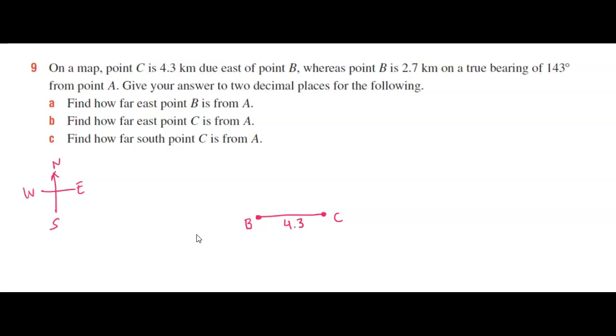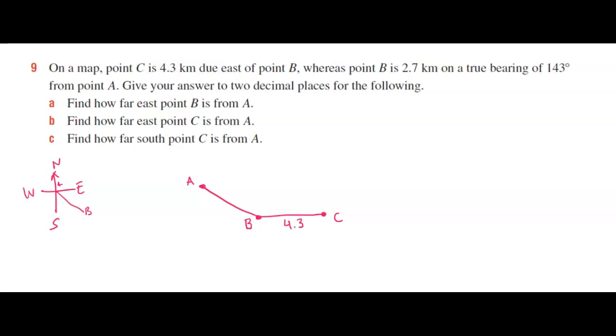Point B is 2.7 kilometers on a true bearing of 143 degrees from point A. So 143 degrees is between E and S. So it's somewhere down like this direction. So B is from point A. So you've got to kind of think, here's A and here's B. So it's kind of a bit backwards, but there's your A.